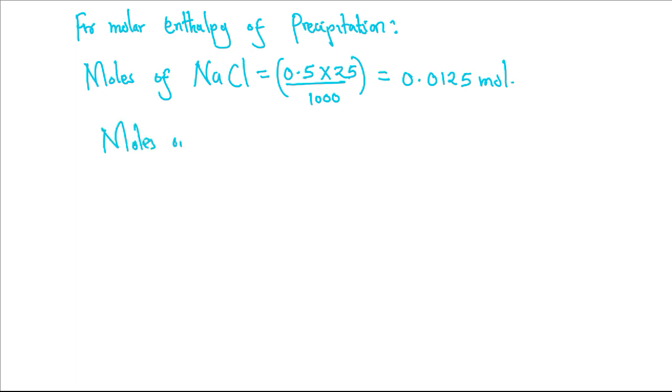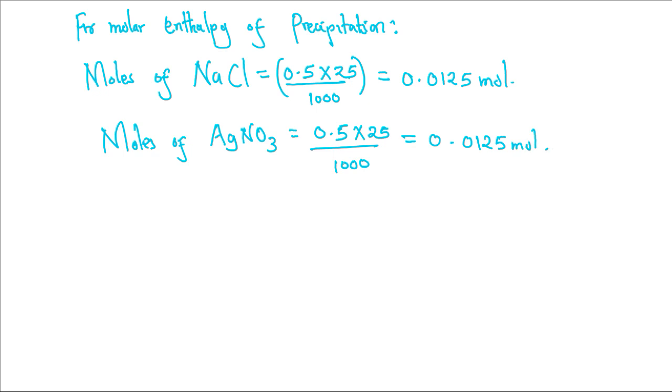Moles of silver nitrate is equals to 0.5 as the molarity, multiplied by 25 over 1000, also giving 0.0125 mole.